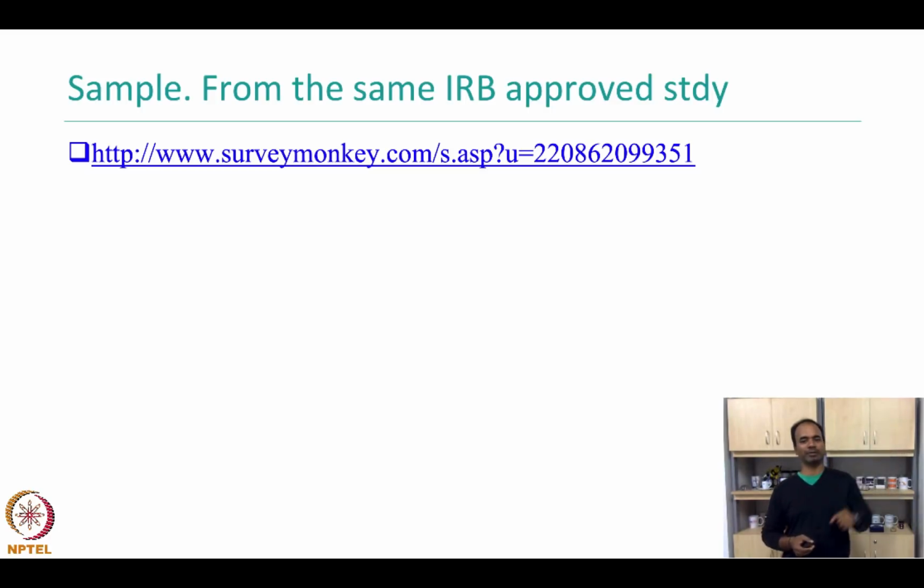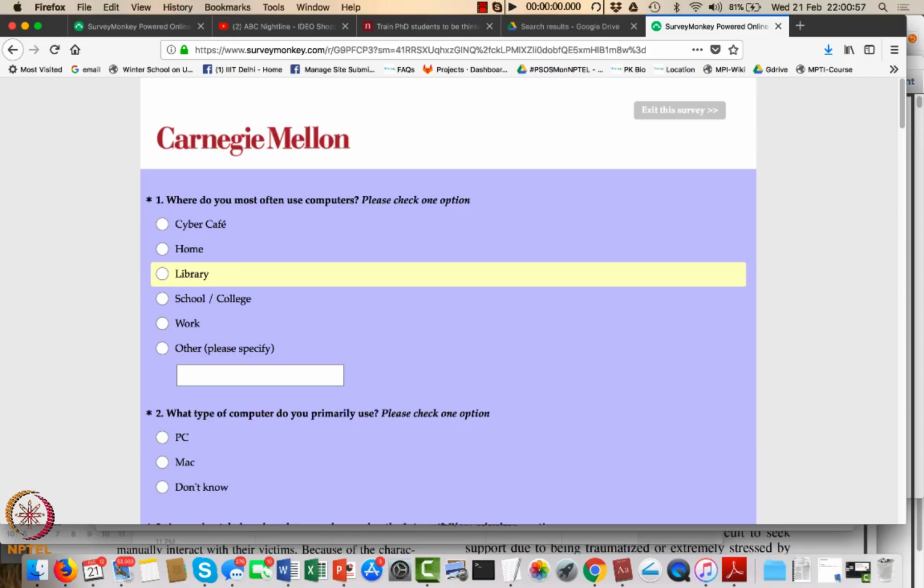If you remember the IRB approved documents application that we saw, I'm going to show you the questionnaire that we used for data collection. This is the questionnaire that I wanted to show you, which has questions exactly derived from the IRB application and proposal that we saw earlier in the course.